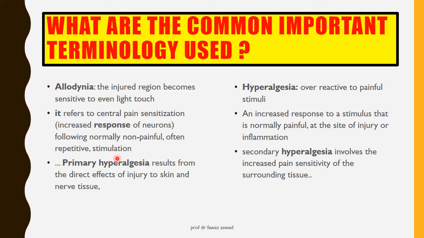The tissue is going to respond in the following ways: either allodynia, that is to say, the injured region becomes sensitive even when there is a light touch or a light stimulation, while in primary hyperalgesia, when there is a direct effect of injury to the skin and the nerve tissue, there will be overreaction. Sometimes they will be overreactive in the area, or sometimes the pain sensitivity is going to occur in the surrounding area of the stimulation also. That is what we call secondary hyperalgesia.